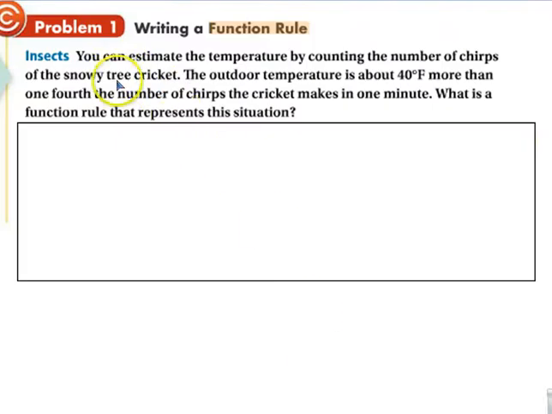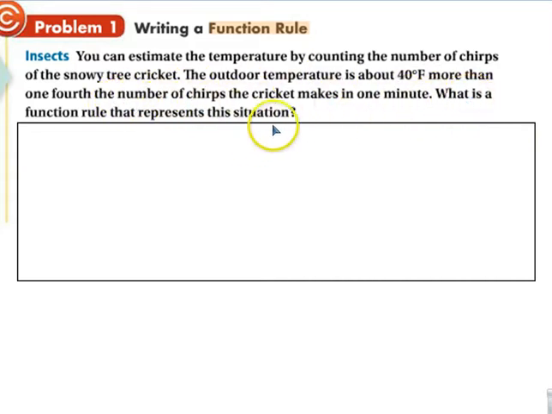Let's move on. You can estimate the temperature by counting the number of chirps of the snowy tree cricket. File that away in useless information, but that's okay, we can use it for this problem. The outdoor temperature is about 40 degrees Fahrenheit more than 1/4 the number of chirps the cricket makes in 1 minute.